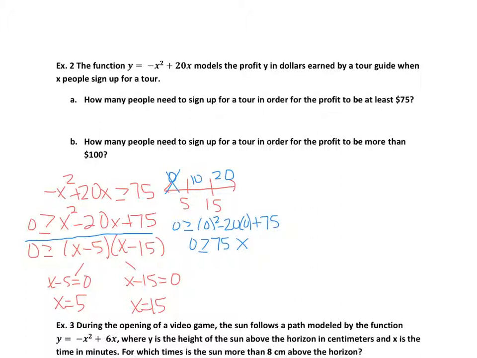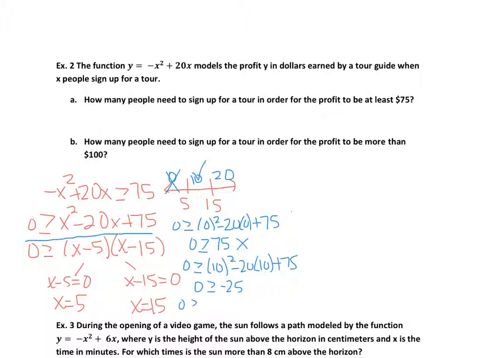So now I'm going to plug in 10. So 0 is greater than or equal to 10 squared minus 20 times 10 plus 75. And that gives me 0 is greater than or equal to negative 25. And that is a true statement. So last one is 20.